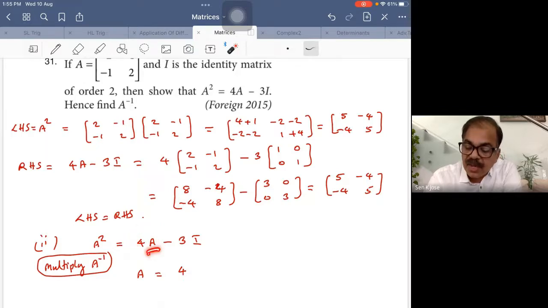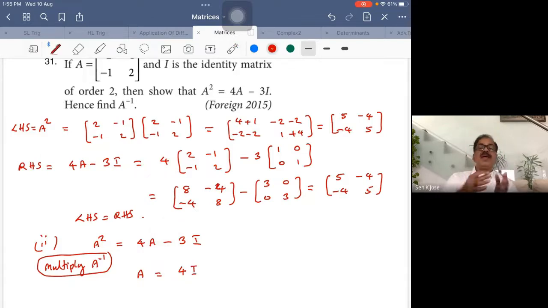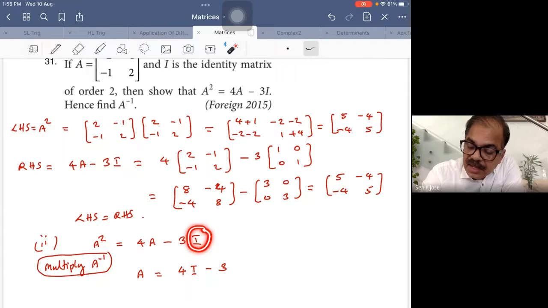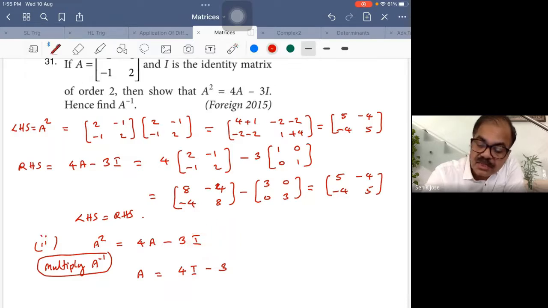So A into A inverse will make it I. They get cancelled. It becomes I. Minus 3 into, this is I, and I multiply by A inverse. I is like 1, the identity matrix. It doesn't make any change. So I into A inverse is going to be A inverse.